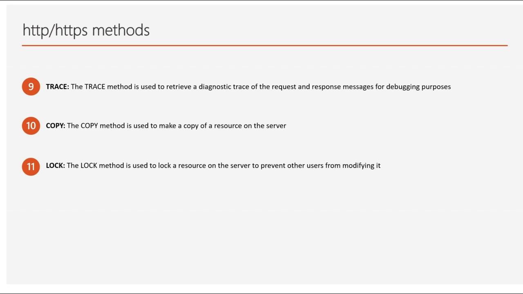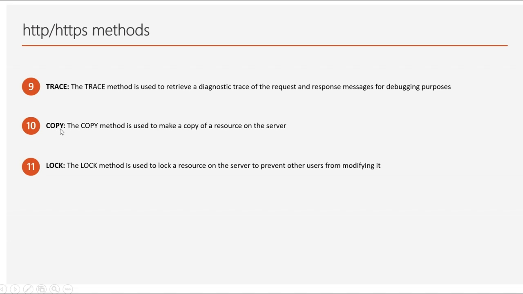The next method, the COPY method, is used to make a copy of a resource on the server. It retrieves server information, like what kind of server it is, and all this information. It just copies.